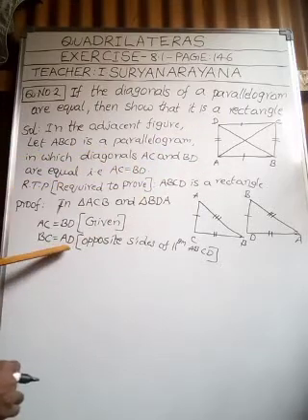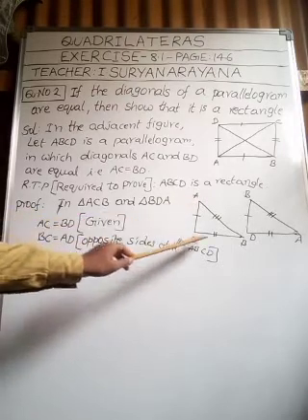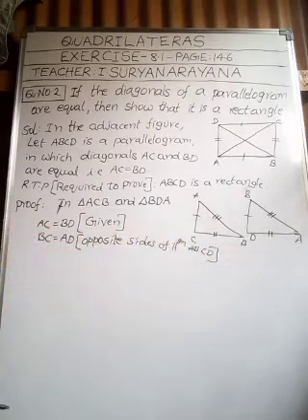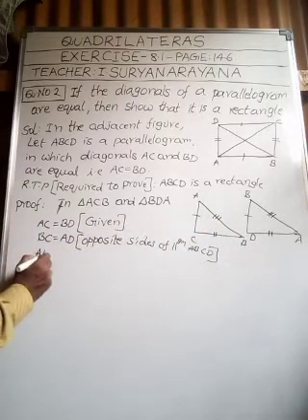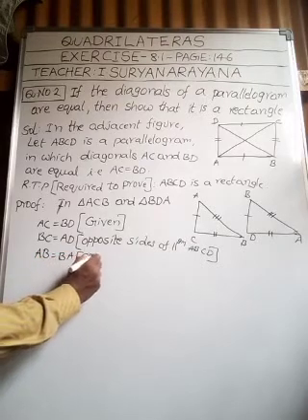Understood this step? Next, AB is equal to BA. That is the common side.